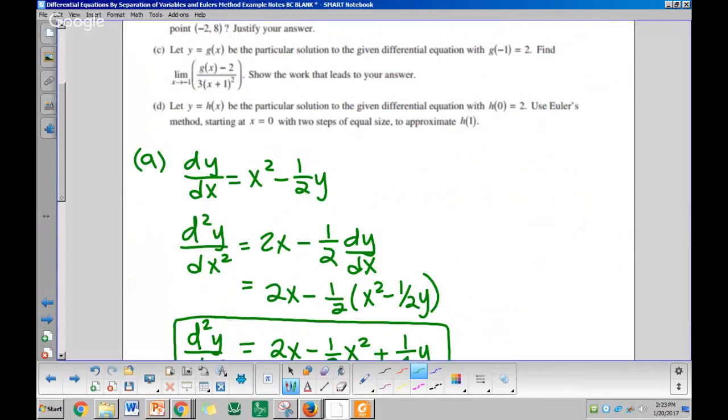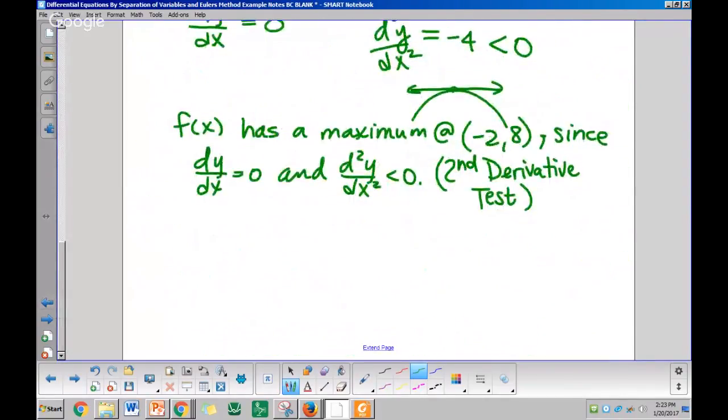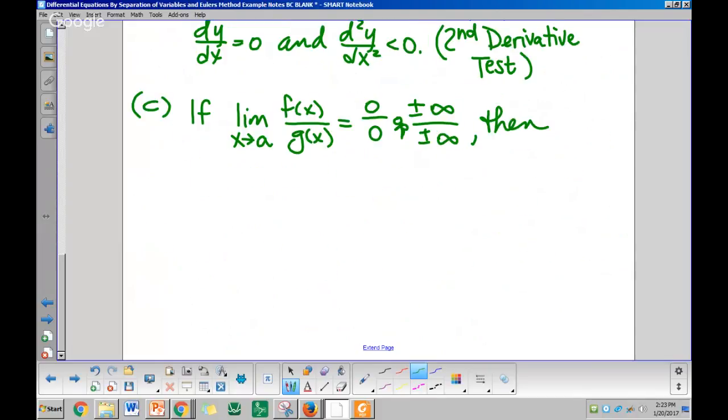Yeah, I'll write it down. If the limit as x approaches a of f of x over g of x is equal to 0 over 0 or plus or minus infinity over plus or minus infinity, then the limit as x approaches a of f prime of x over g prime of x is equal to this one, it's the same limit.